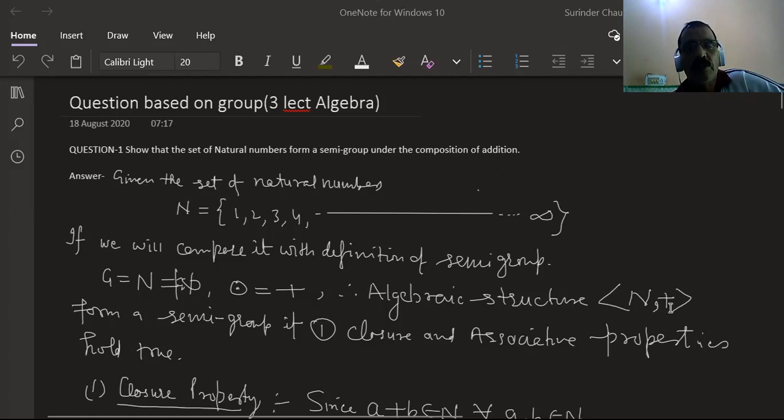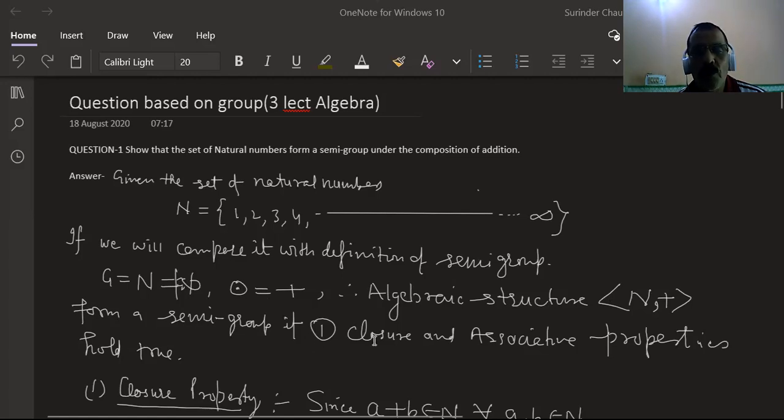If I compare it with the definition of semigroup, the non-empty set is the natural numbers and the binary composition is addition. So we'll show that this algebraic structure forms a semigroup.